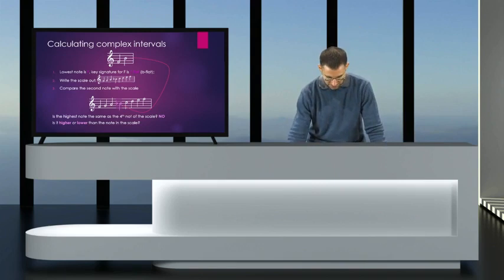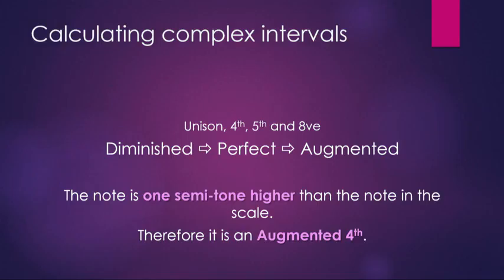So let's see. If we look at the second note, it was a B natural. B flat is lower than B natural. That means that the one that we were dealing with is actually a semitone higher than the scale version. The scale has a B flat, and if we made the B flat one semitone higher, it would be B natural, and the B natural is the one that we've got in our example.